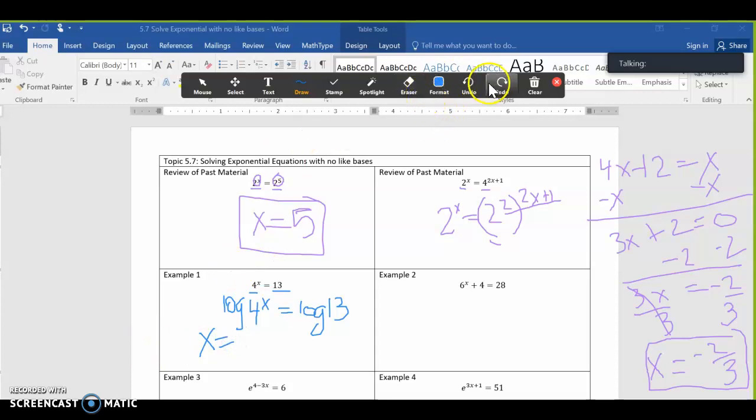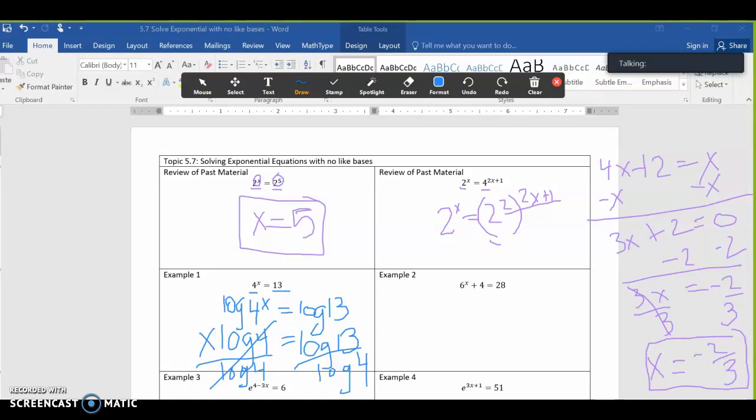So it'd be x log of 4 equals log of 13. Now I'm just going to divide both sides by log 4 to get x by itself. And so my final answer is log of 13 divided by log of 4.